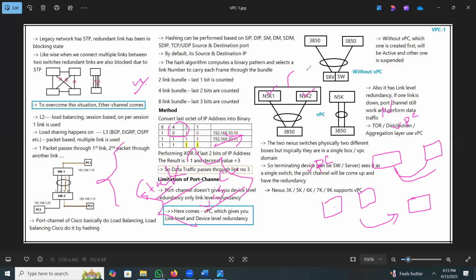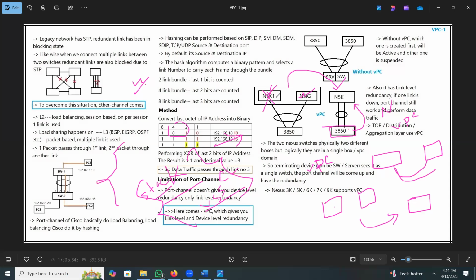So virtually we will configure this as a single switch. So for this switch, it will think I have only one device on my uplink. Okay, if one is down, no problem. Another will be active. Same as Cisco stack, same as Cisco VSS.